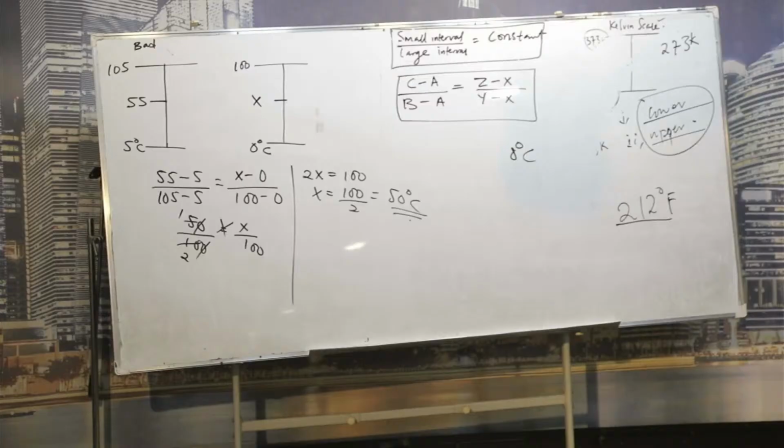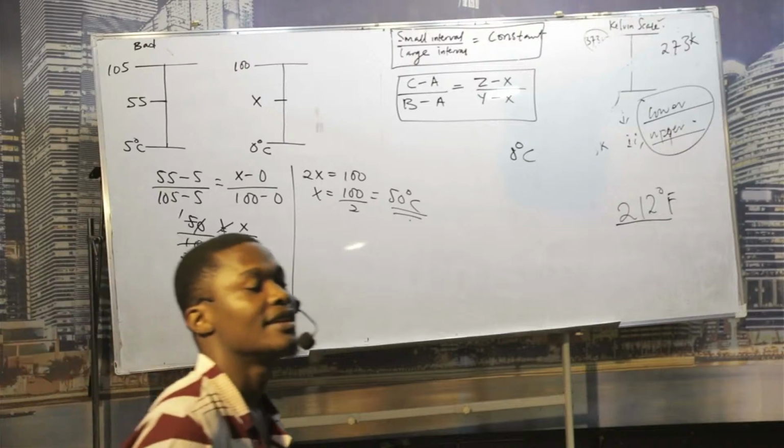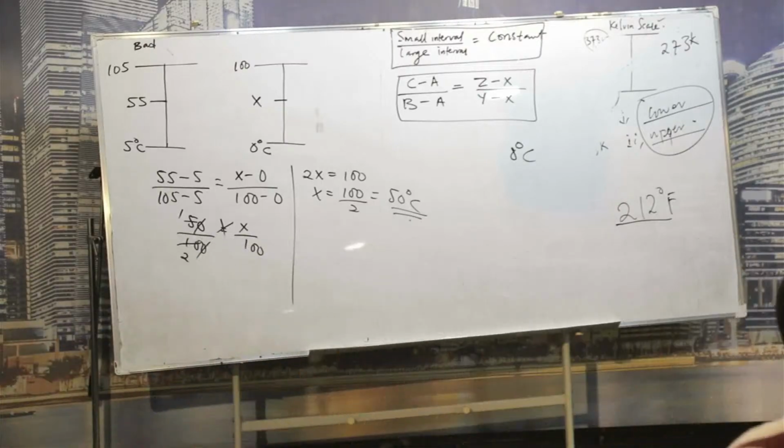Any answers? 39 degrees Celsius. That's good. You cross multiply.